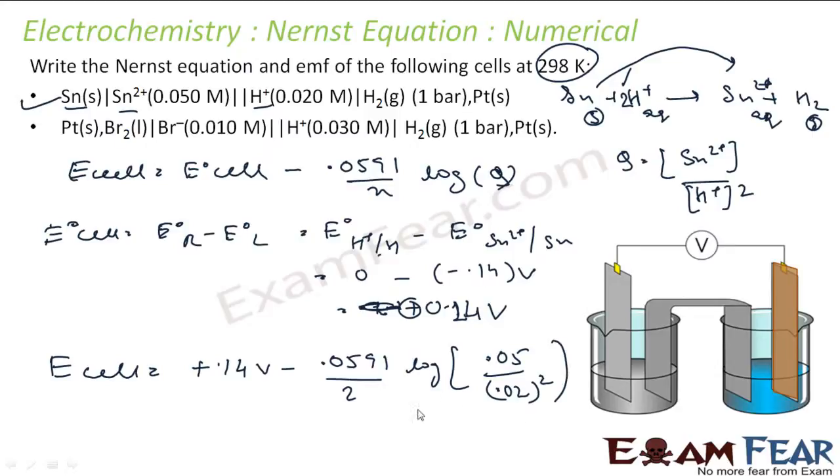You solve this, you get plus 0.14 volt minus 0.002 volt. I made a mistake here. The end result will be 0.078 volt. That is the answer.